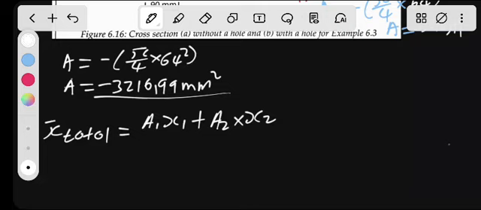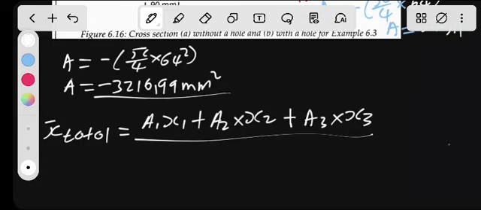Okay, let me just put plus, there's no problem. Let me just say plus area 3 multiplied by x3, divided by area 1 plus area 2 plus area 3.